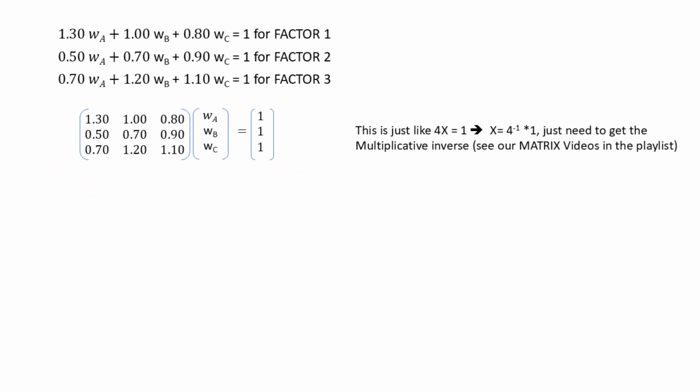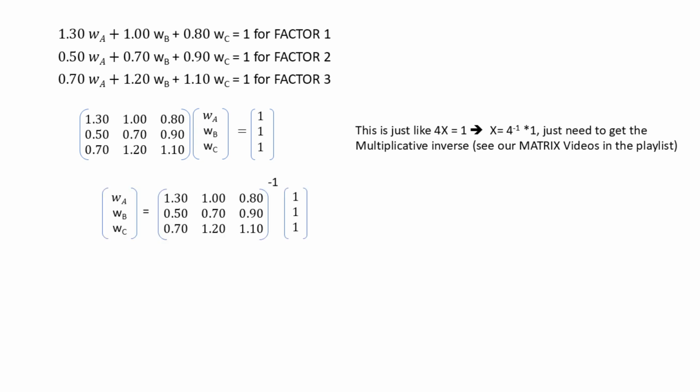This is just like 4x equals 1. The solution to that is x equals 4 inverse times 1, or you get simply the multiplicative inverse of 4, just to remind ourselves of what we're actually doing, but this time we're working on matrices. Therefore, we just get the inverse of the matrix and multiply it to 1.